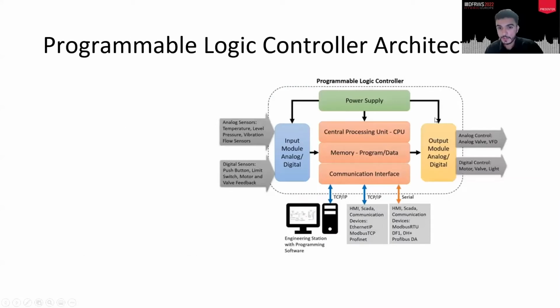This is what a PLC looks like. And PLCs basically have inputs. Inputs can be sensors, temperature sensors, pressure sensors, push buttons, anything. So it has a CPU, memory, and as I said before, a communication interface which connects the control engineers to the physical layer, and whatever the inputs are, whatever the code the control engineers write, it interprets it and reveals the output.